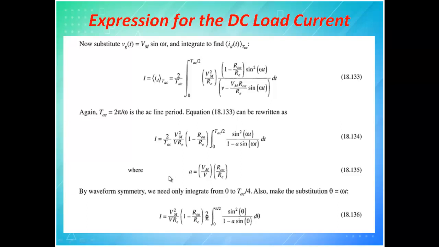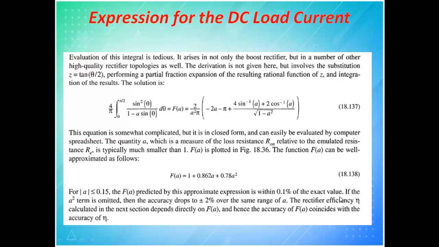By waveform symmetry we need only the integral from 0 to pi by 4, because when you take the sine it is full wave, and when you do rectification you get only the positive half cycle. So out of the 4 parts, only one is more than sufficient, so we divide by 4 and integrate that part alone, substituting theta as omega t, and reduce the equation to a form in terms of f of a.